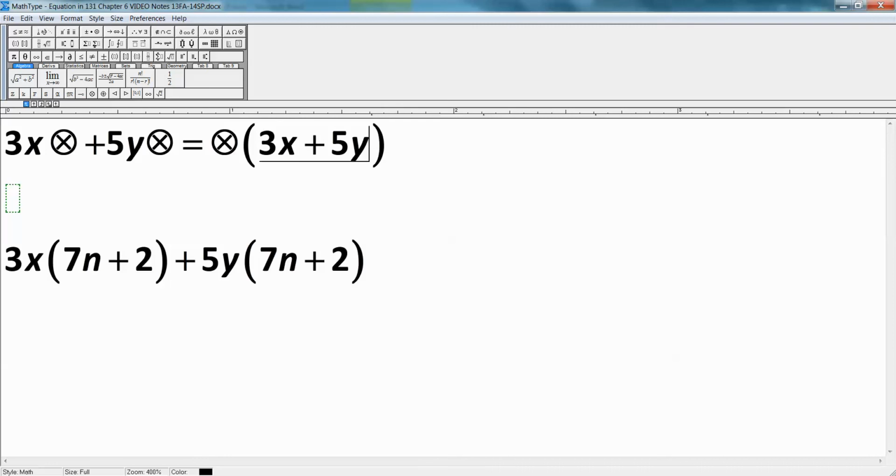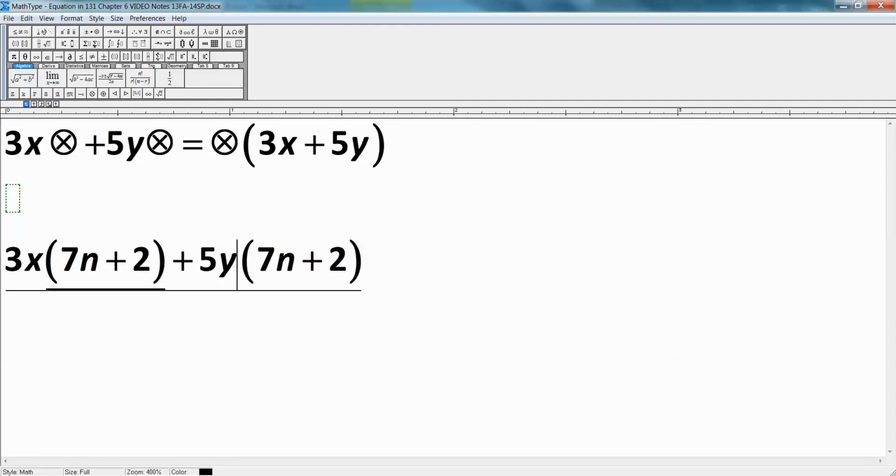Agreed? All right, well, it's no real difference between that and what we just did, right? So this is 3x times, and then thingamabobber is this, 7n plus 2. And then I have plus 5y times that same thing, 7n plus 2. So I can take out a 7n plus 2.